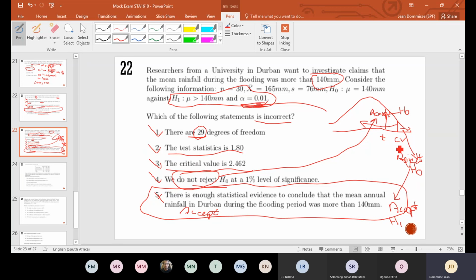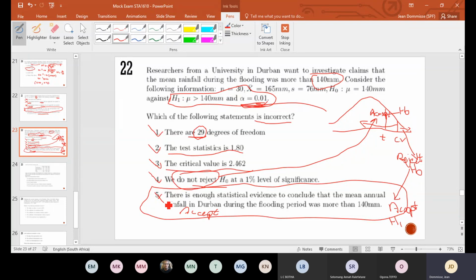So we can say that the rainfall is not more than 140 millimeters. So we basically have option 5 as the incorrect one.